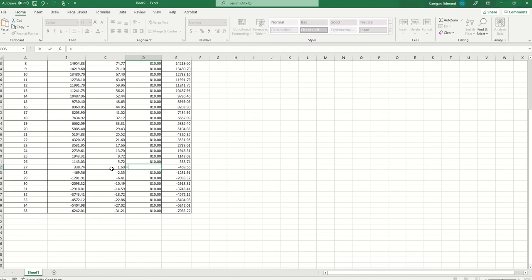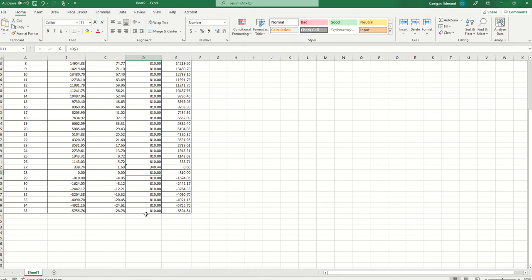We could come in here and go equals this one plus that one, enter. That would get us 0 there. We could cut it off and that would be our spreadsheet. But since we're going to use this for a whole heap of different questions, you might want to leave it the way it is. But for the moment, let's have a look.